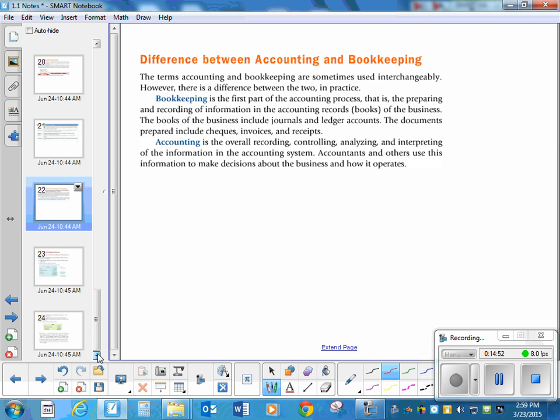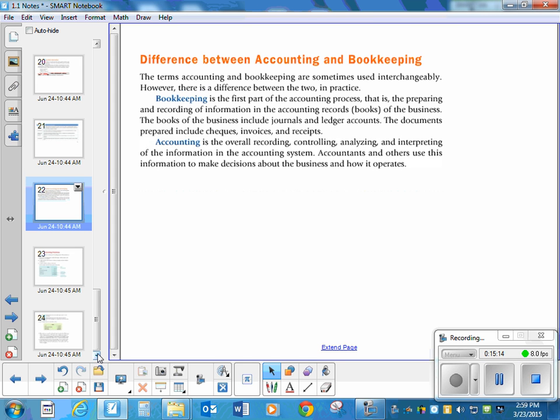Okay, the terms accounting and bookkeeping are sometimes used interchangeably. However, there's a difference between the two in practice. Bookkeeping is the first part of the accounting process. You are entering information into the computer.